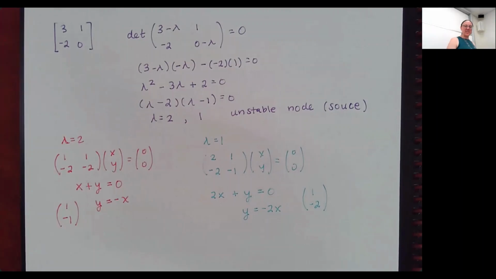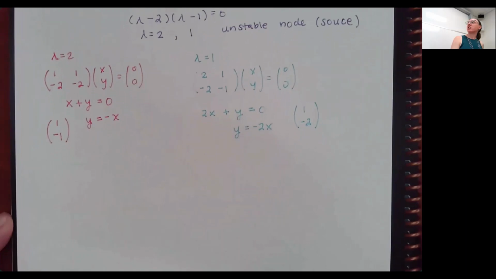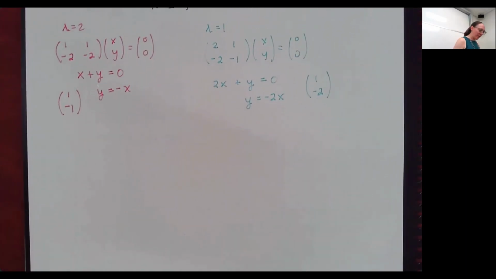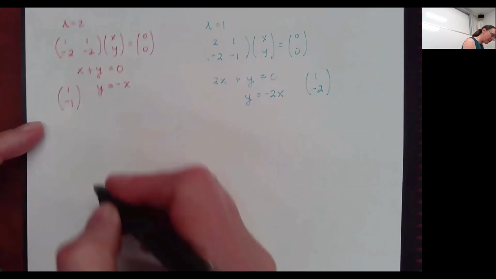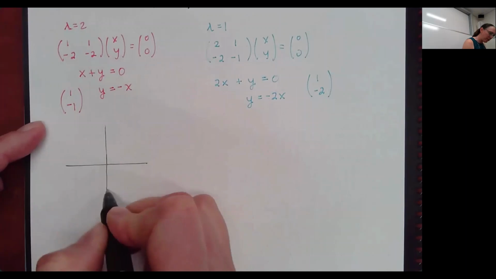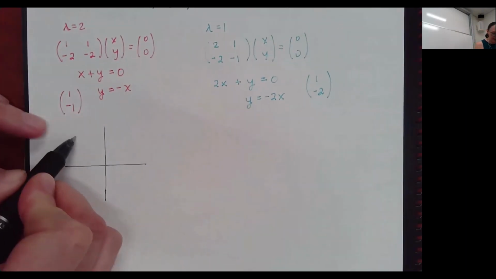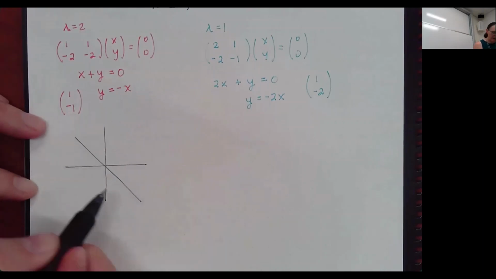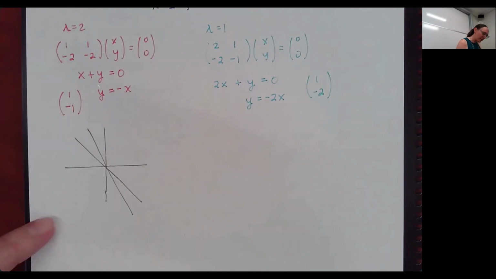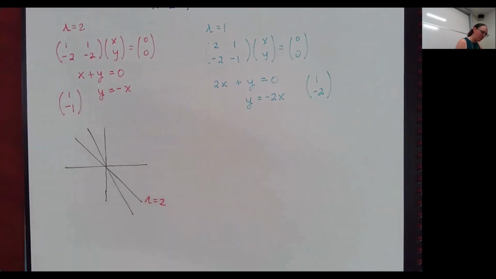So I can either do the sketching or write the general solution. I'm going to go ahead and sketch it. So I'm going to start by graphing my 2 eigenlines. And this time they both have a negative slope. So I'm going to have a slope of -1 and a slope of -2. So this is my eigenline where lambda equals +2.